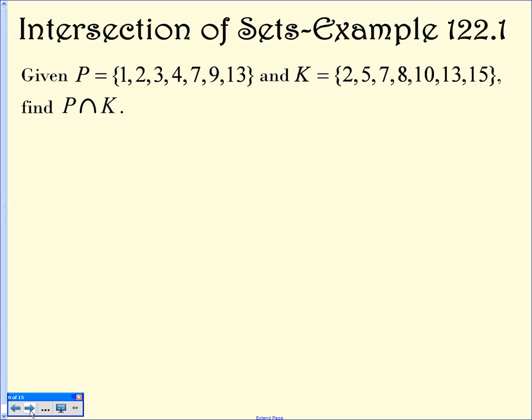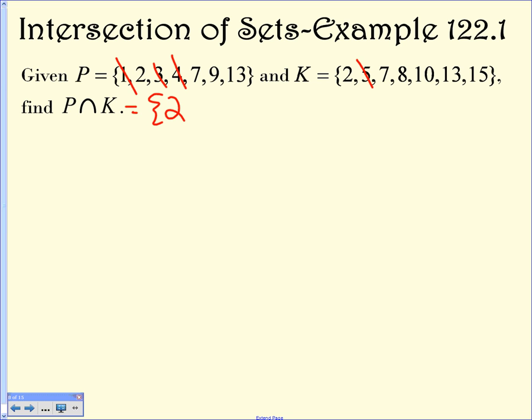If we are given P and K, we are supposed to find, what does this say? Where does P intersect K? They both don't have 1. They both have 2. They both don't have 3. What about 4? Okay, 7.